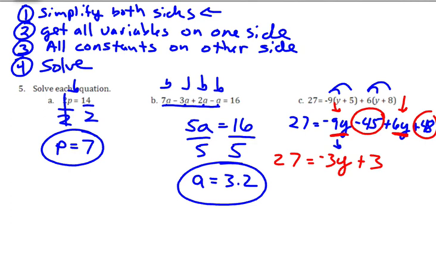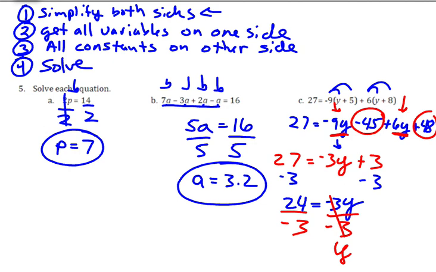It's on the right-hand side. So I'm going to get rid of this constant. I'm going to subtract 3 from both sides. And I get 24 equals -3y. Dividing both sides by the -3 now. A negative divided by a negative is a positive, so that cancels out to 1. And y equals, in this case, I hope you got, -8.